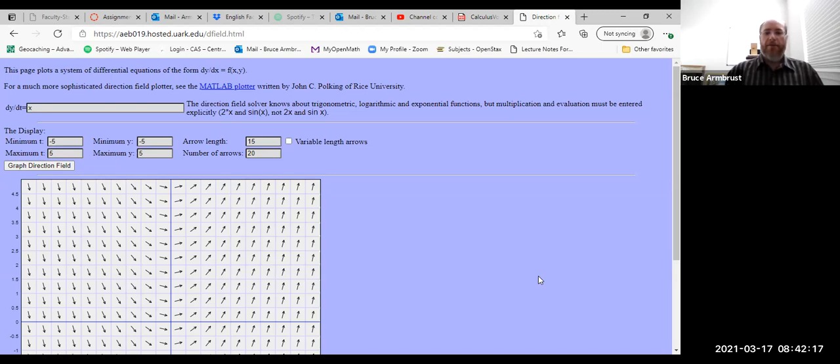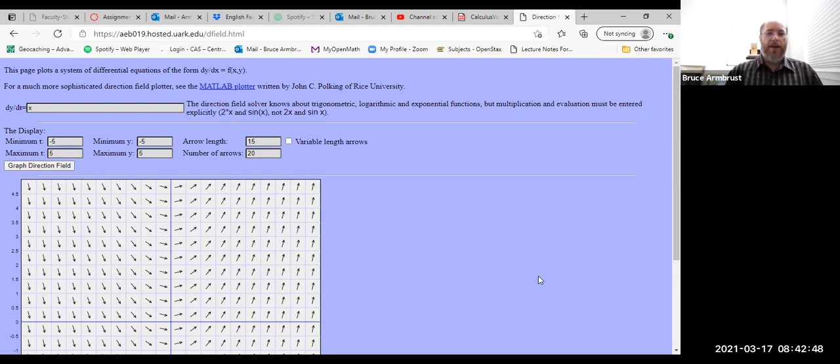These arrows are showing you the tangent line at these given points. So think about this differential equation. We have y prime equals. What this is doing is telling us how to get the slope. That's what y prime is. It's the slope of the tangent line. And it just says that the slope is equal to the x coordinate.